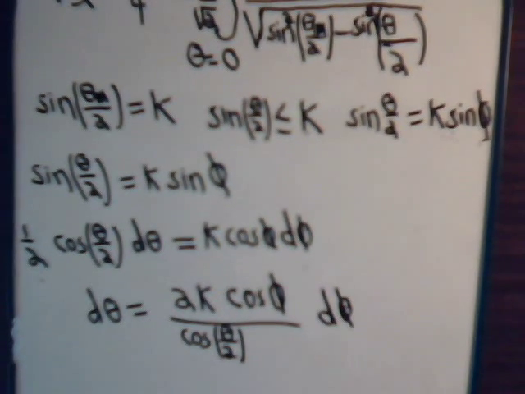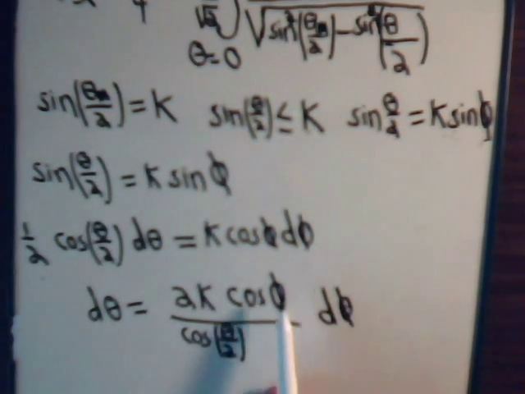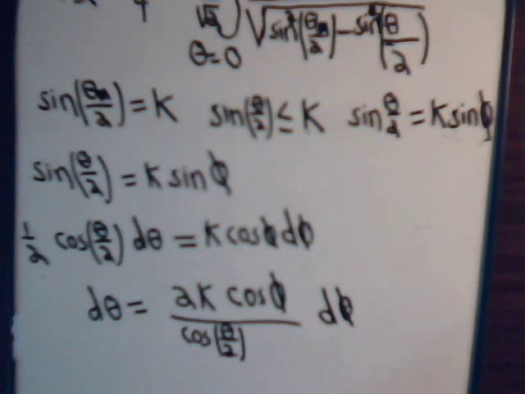But now we have to express this in terms of phi. Then we'll have d theta expressed entirely in terms of our new substitution here, phi. So how can we do this?